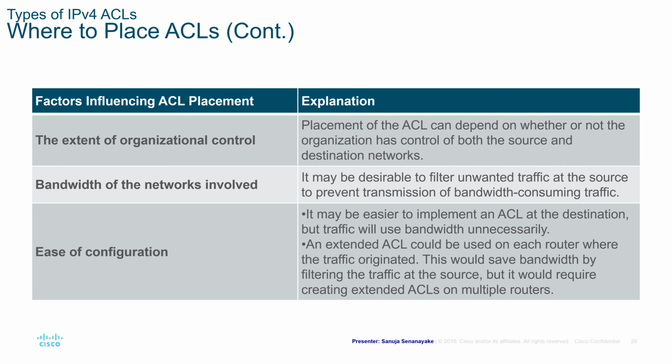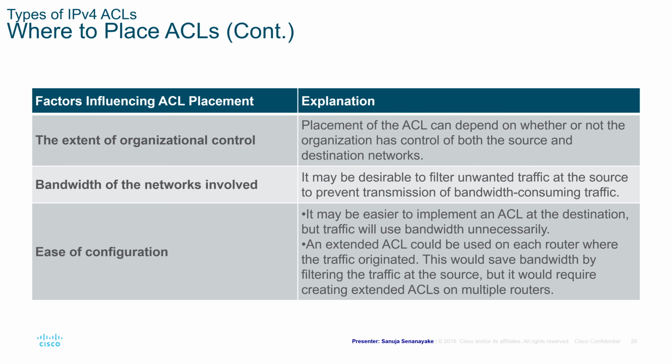The other one is the ease of configuration. So it may be easier to implement an ACL at the destination, but traffic will use bandwidth unnecessarily. An extended ACL could be used on each router where the traffic originated. This would save bandwidth by filtering the traffic at the source, but it would require creating extended ACLs on multiple routers.